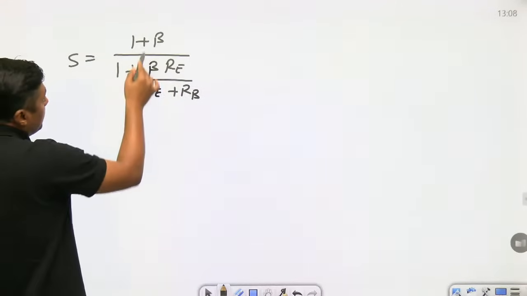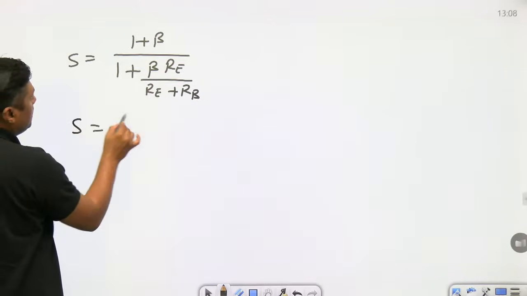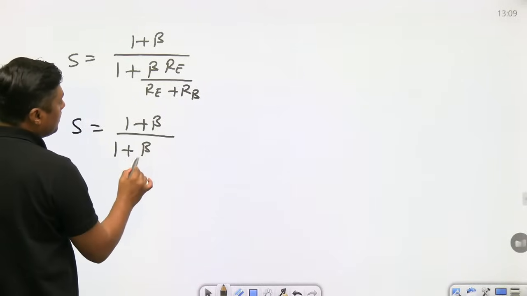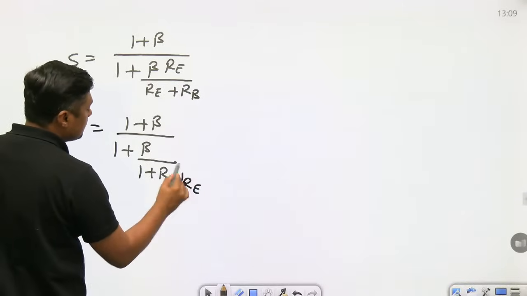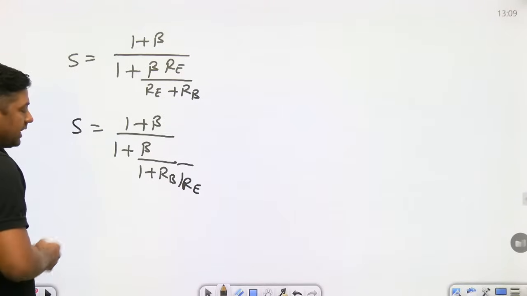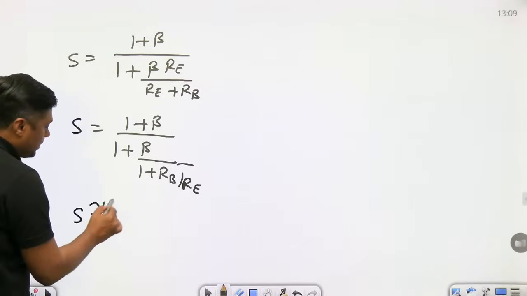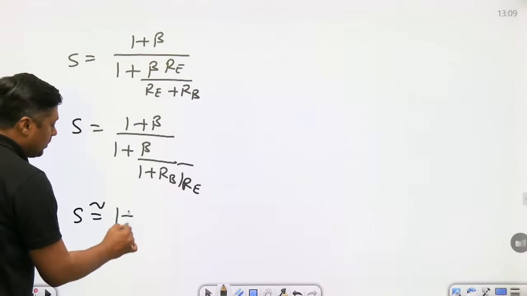Now, in terms of RE and RB, you can divide by RE. So it becomes 1 plus beta upon 1 plus beta into 1 plus RB by RE. That is the formula. And the approximate formula, when beta is very large, or 1 plus beta RE is very large, is 1 plus RB by RE.